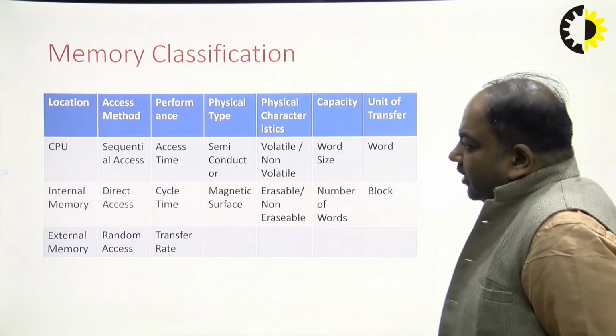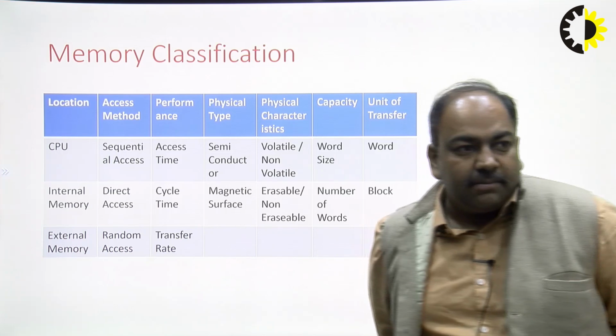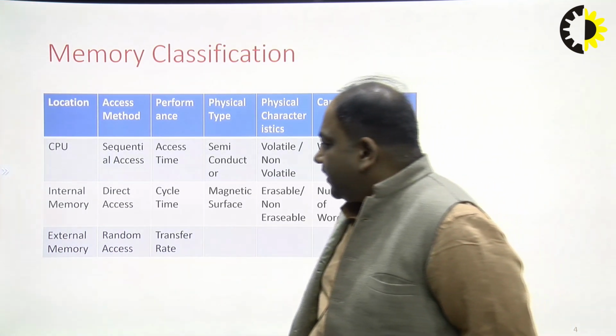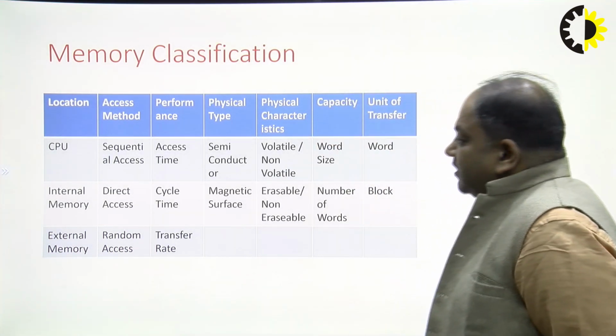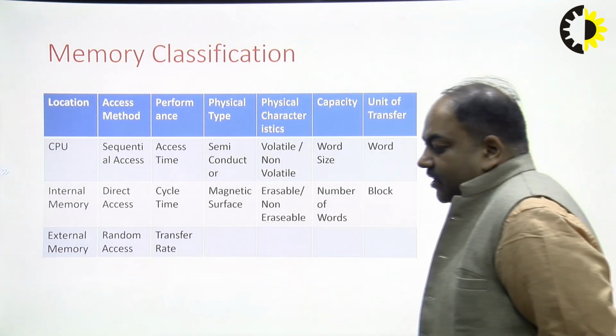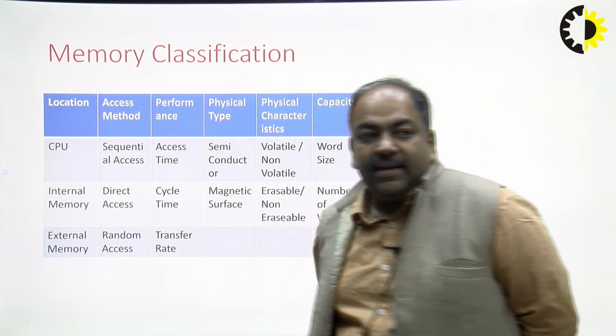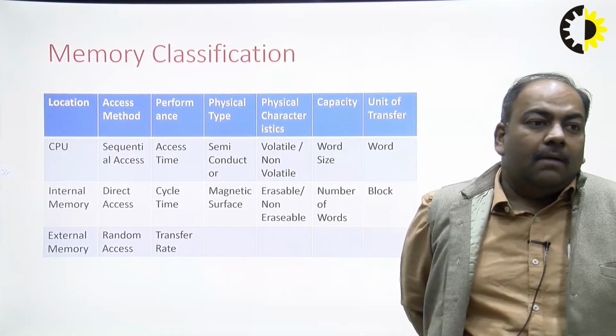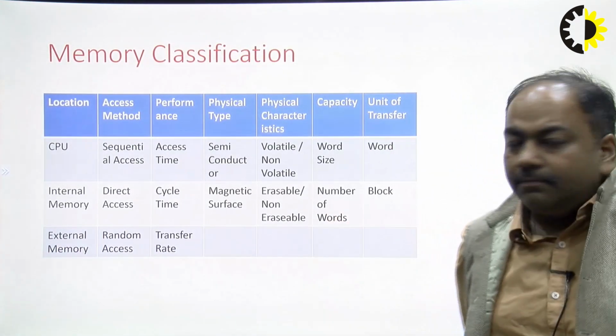When we talk about the internal memory, it is directly accessible. It works on the cycle time. Its physical type is magnetic surface, like we have seen at earlier times, which is magnetic disk, magnetic tape or CD-ROM.